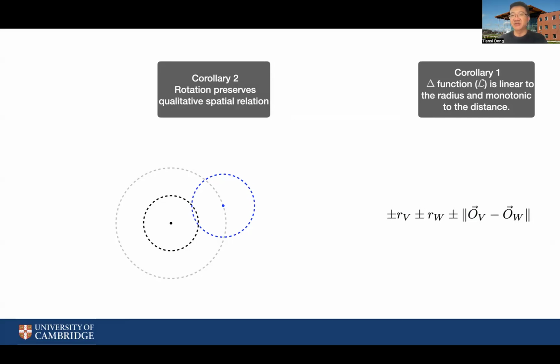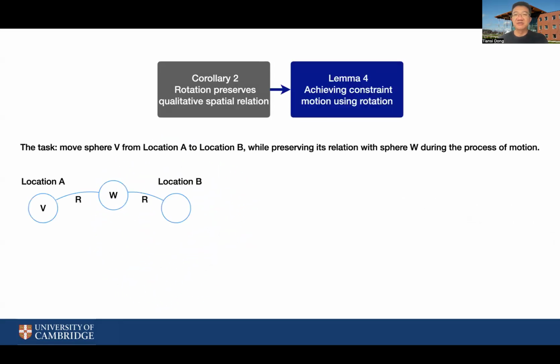The reason is that rotation will not change the distance between the central points and also will not change the radius. Then we need to prove rotation is sufficient to relocate a sphere while keeping its relation to another sphere during the process.